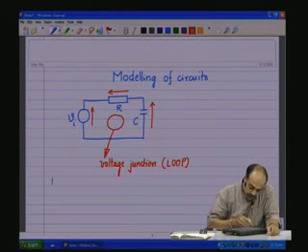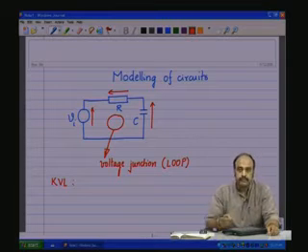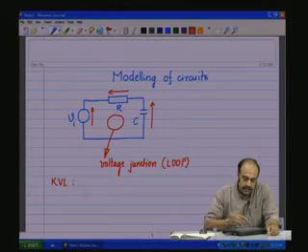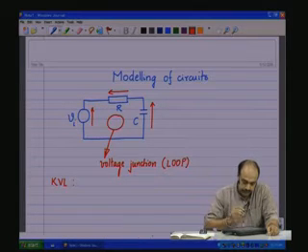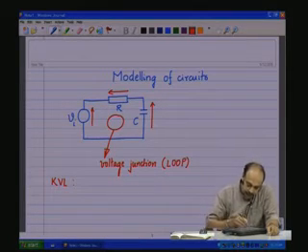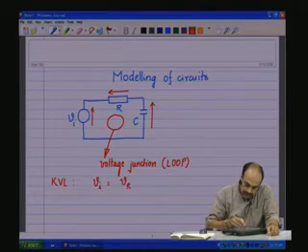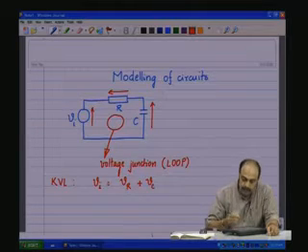The Kirchhoff's voltage law or the KVL states that the algebraic sum of all the voltages in this loop must be 0. So, therefore, Vi is equal to Vr, which is the voltage across the resistance, plus Vc, which is the voltage across the capacitance.